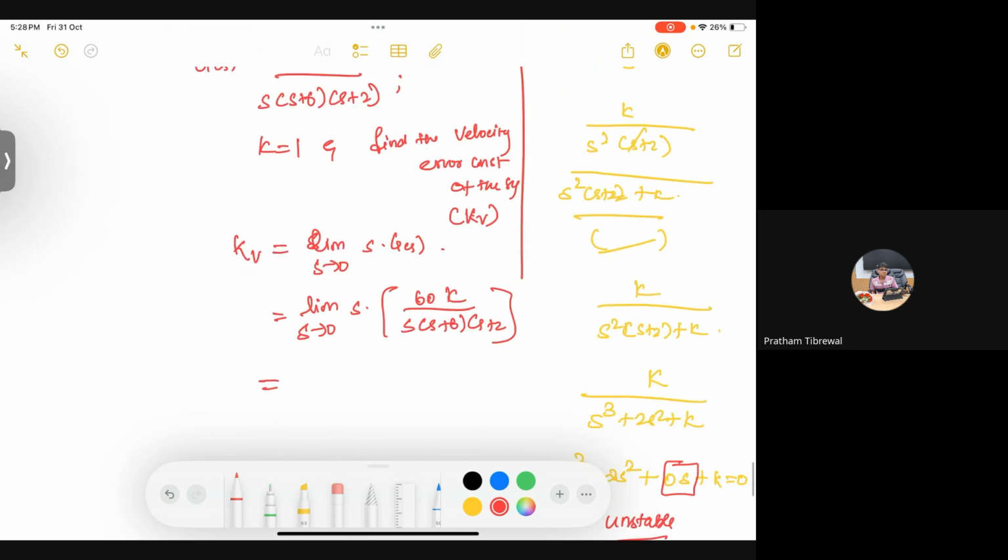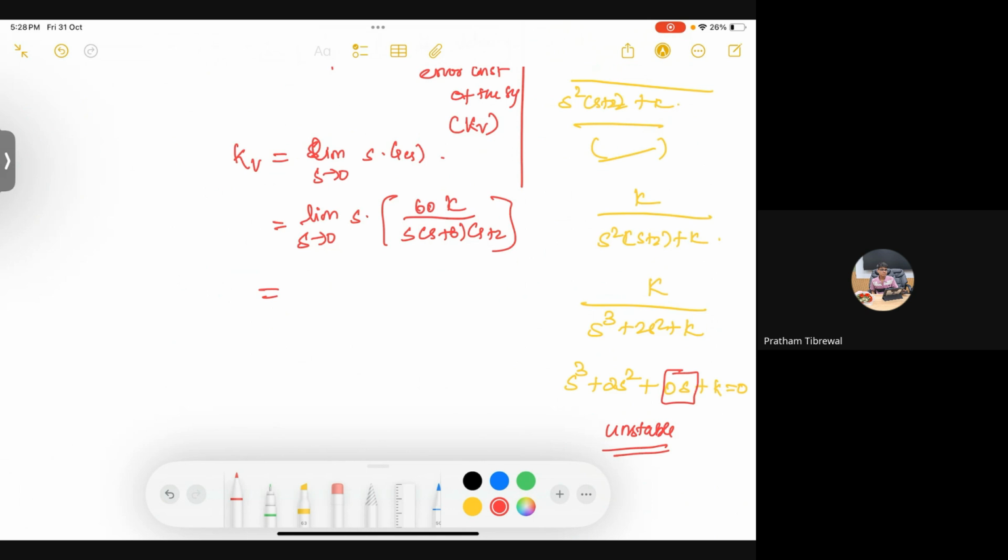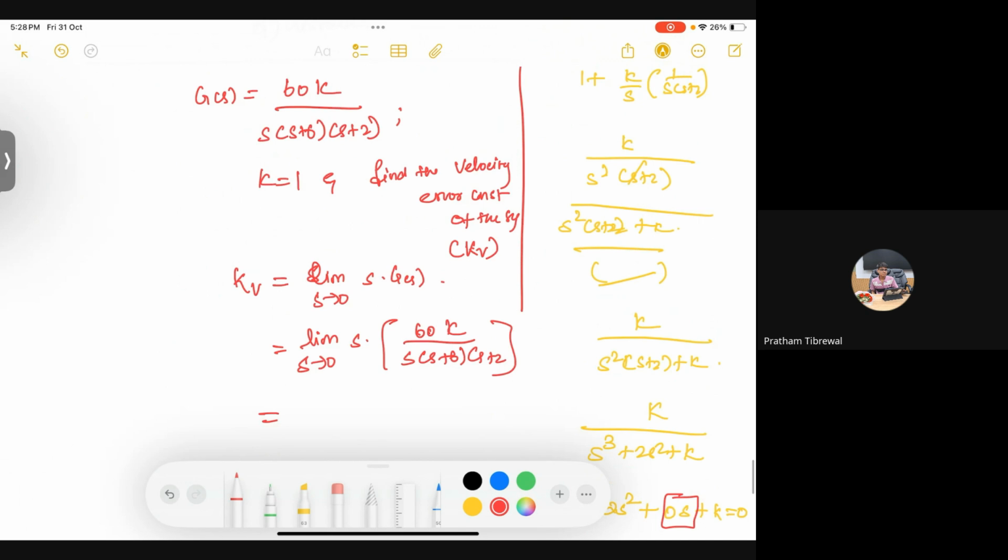Kv was asked to find. 5K would be the answer. Kv equals 5K.